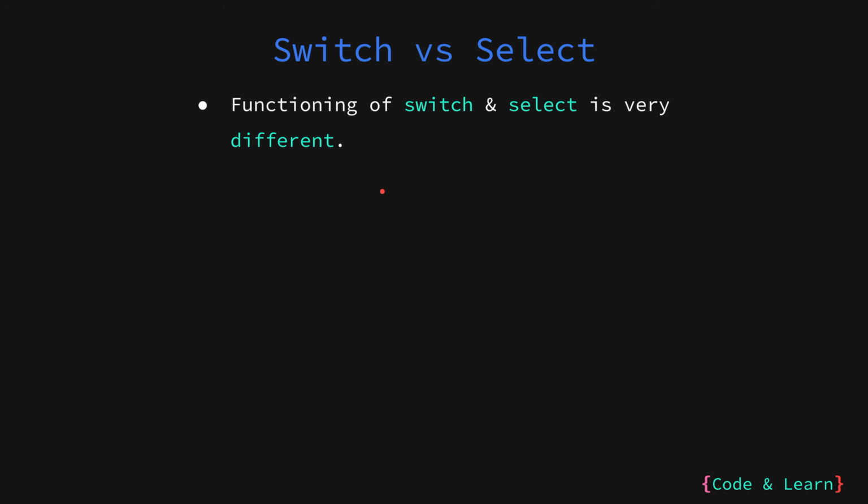Although they look very similar, the switch and the select statement are very different in their working. Unlike the switch statement, the select statement does not evaluate its cases sequentially. If you remember, the switch statement is very similar to an if-else-if block. That is, each case in a switch statement is evaluated sequentially from top to bottom, or from the first to the last case, or the default statement.